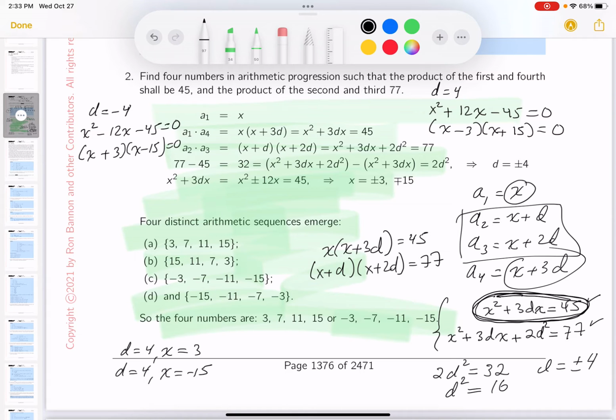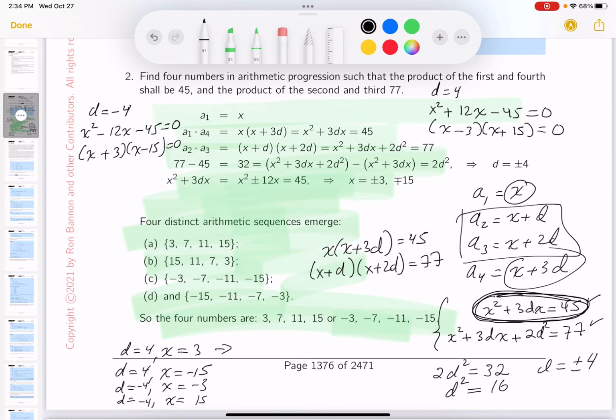Minus 15 plus 3. So write that down. Again, there's 4 choices now, right? So you get d equals minus 4. And the x could be minus 3. And if d is minus 4, the x could be 15.